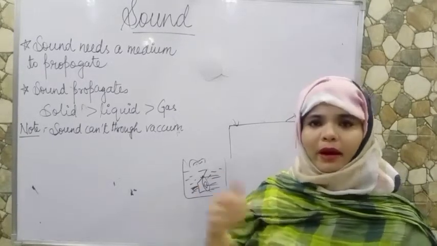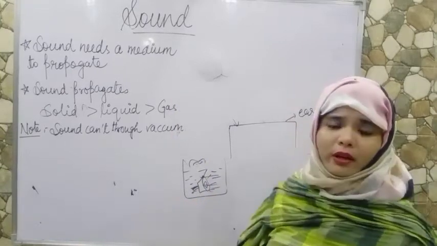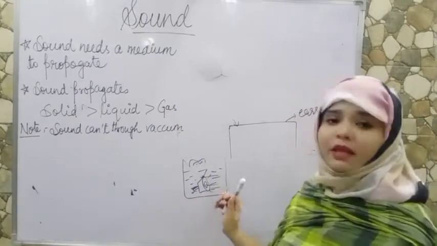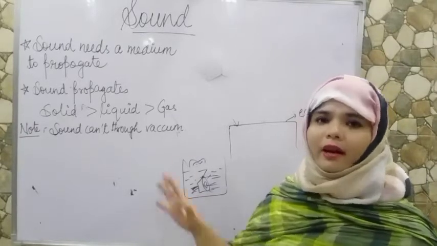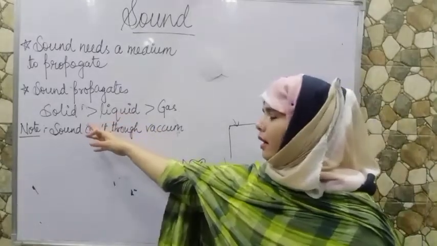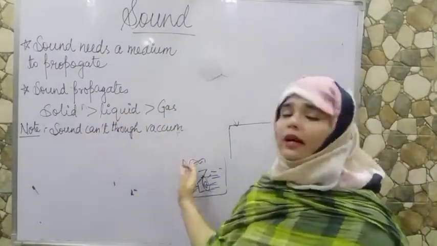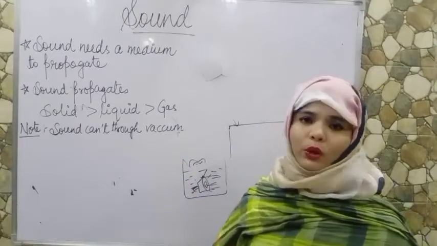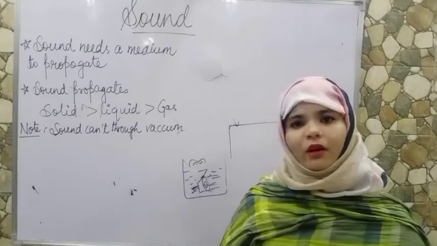Suppose you rang a bell in the air and you rang it in the water, then this sound is different. Yes, different, but much louder than in air. So we can say that sound propagates faster in solid, then liquid and then gas. But sound can't travel through vacuum. Sound does not travel in vacuum.